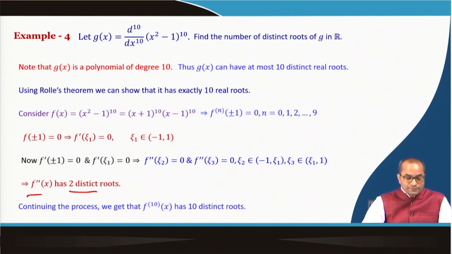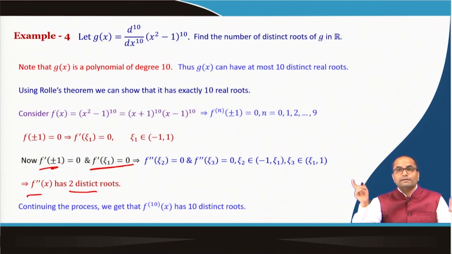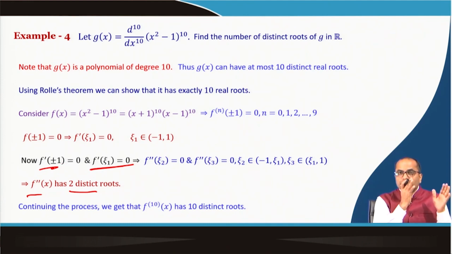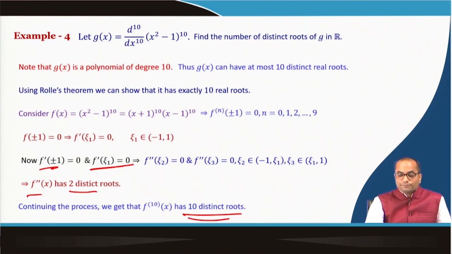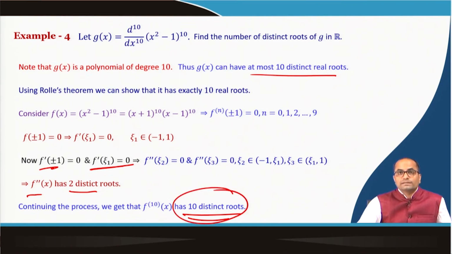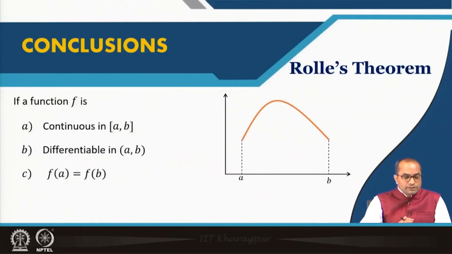When we reach the 9th derivative, there will be 9 plus 2, that is 11 points where it will vanish, and then you continue with the derivative of the 9th order derivative, that means the 10th order derivative will vanish, and so on. In this way we confirm that it has 10 distinct roots, exactly 10, because it has at most 10 distinct real roots, and we have seen here that all these 10 roots are distinct. Okay.